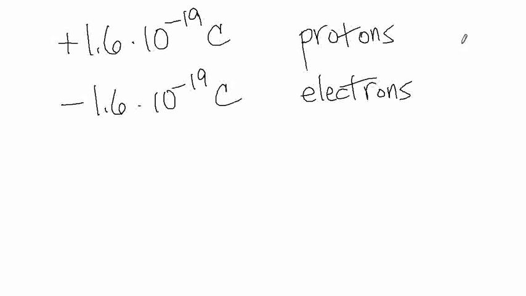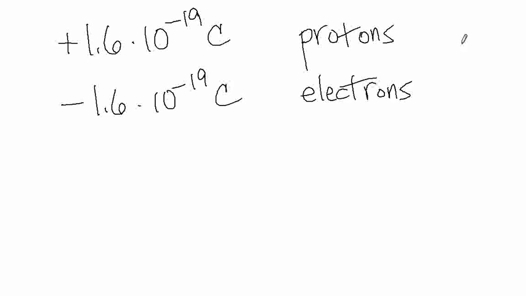You will see this for atoms that have an equal number of protons and electrons. The total amount of charge is equal to 0. There is no total charge because you have just as much positive charge as negative charge.